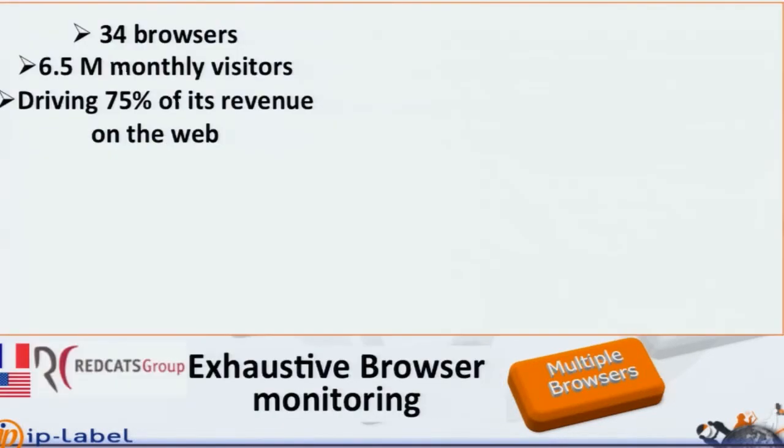Taking into account all the browsers is something one of our customers did. He had more than 34 browsers to consider for his critical users, and he is mostly an online retailer, so he has a lot of visitors and drives a lot of revenue from the web. Anytime a browser is not available or is very slow compared to the others, it's a loss of money for them.